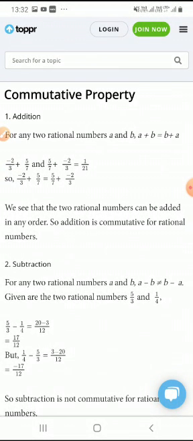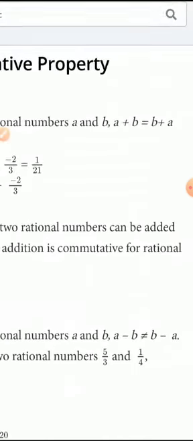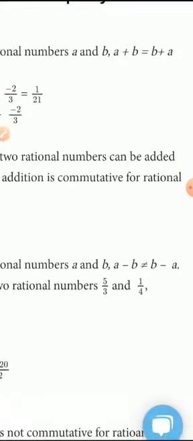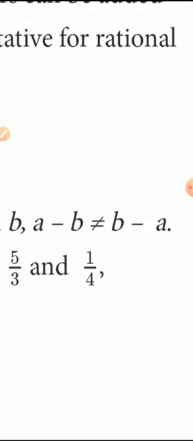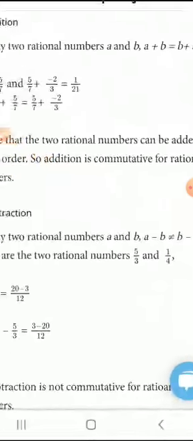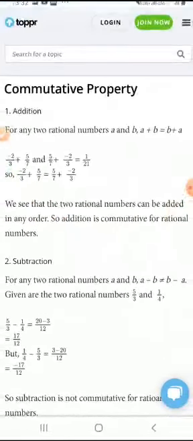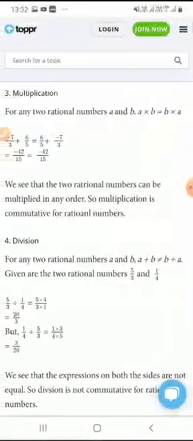Again recalling the commutative property: addition is commutative for rational numbers, but subtraction is not. A plus b will be equal to b plus a, but a minus b will not be equal to b minus a. So we have seen the commutative property for the two operations, addition and subtraction.